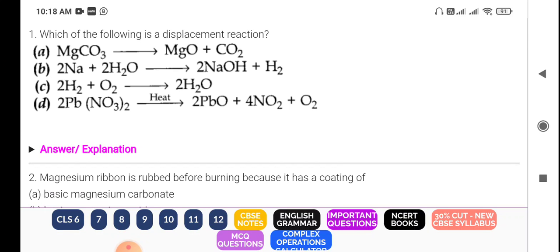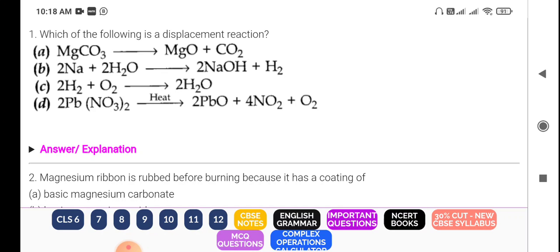2Pb(NO3)2, on supply of heat, gives 2PbO plus 4NO2 plus O2. First reaction, magnesium carbonate: the decomposition of magnesium carbonate into magnesium oxide and carbon dioxide.